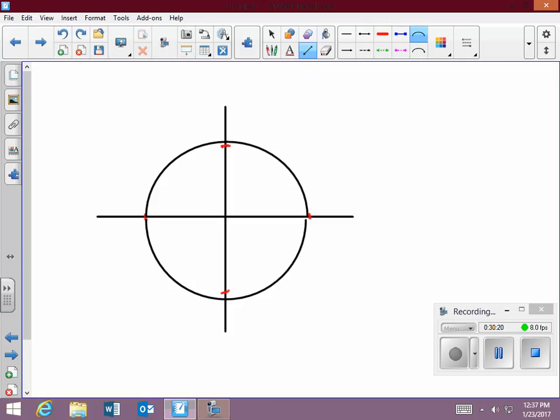So what they're doing is they're saying that 42, it says use a compass and draw a circle such as the one shown centered on a set of axes. Use a protractor and measure the following: 30, 45, 60, 90.